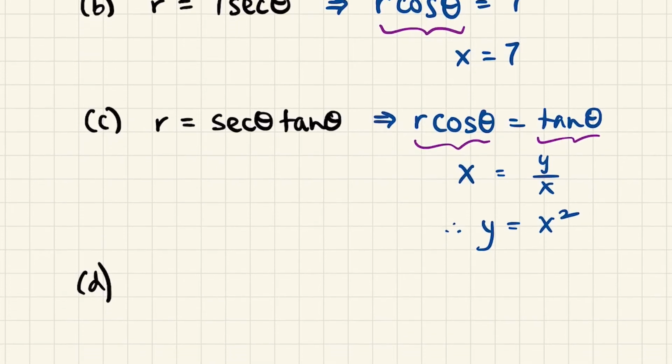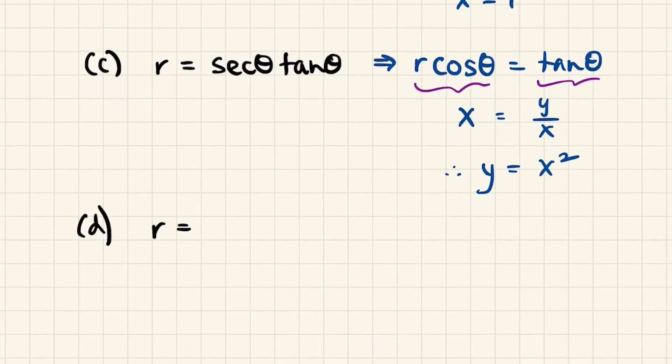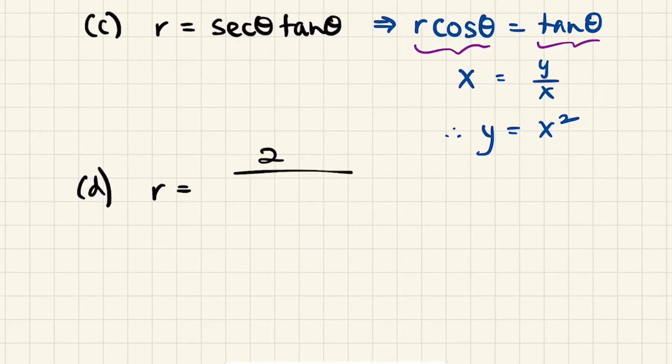Okay, what about this one? r equals 2 over 3 cosine theta plus sine theta. Well, once again, if you move that denominator over, you'll have r cosine and r sine, and those easily convert respectively into x and y.